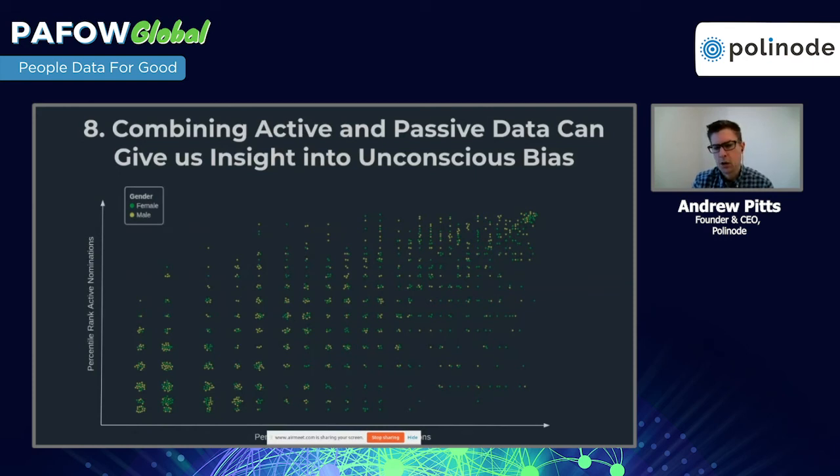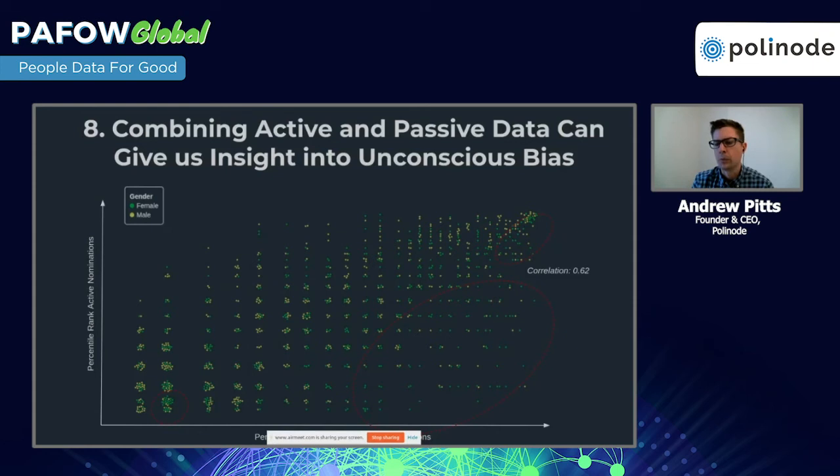So if someone is below the 45-degree line, they're higher on passive, which is objective, than they are on active, which is subjective. And we can see that in this diagram there are more females below that line than males on average.